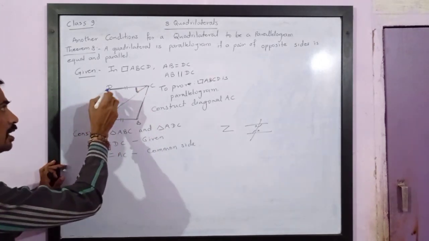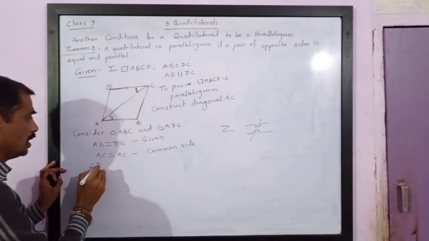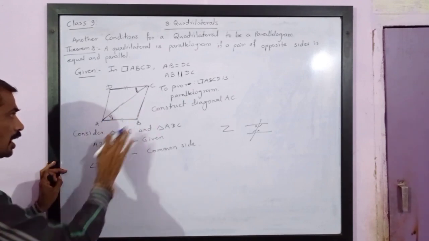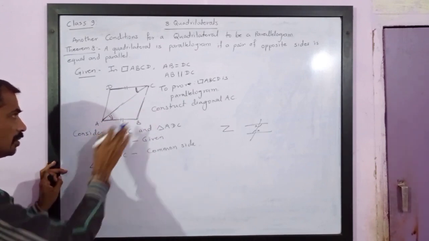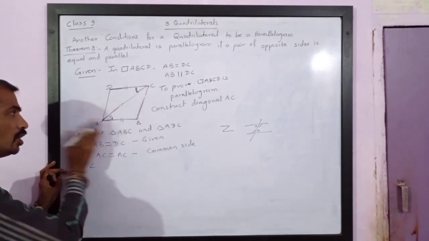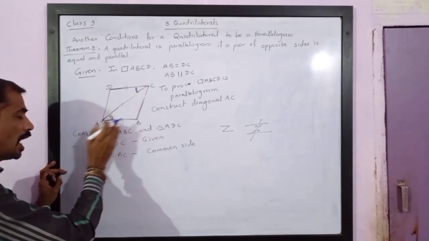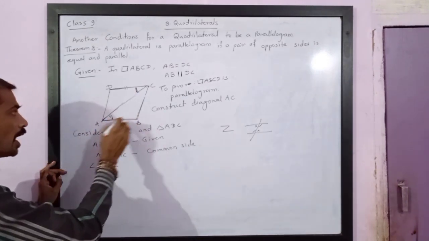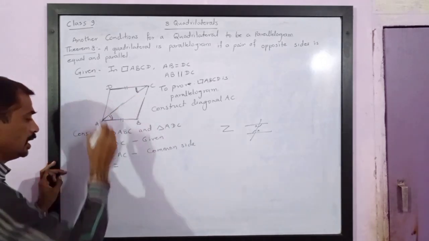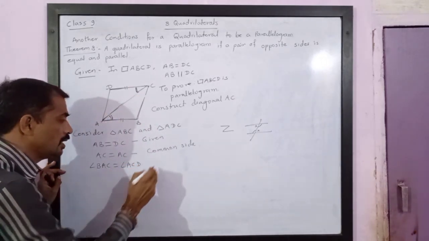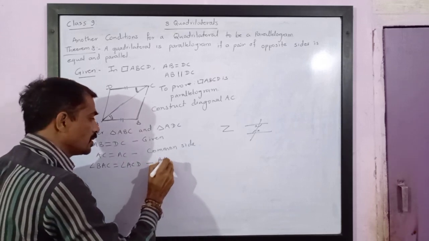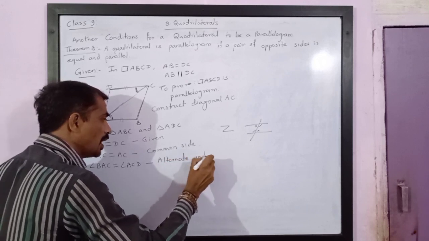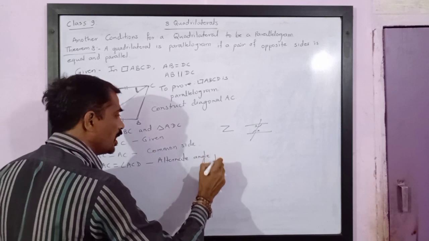It means angle BAC, an angle of triangle ABC, equals angle ACD. The reason is alternate angles: alternate angles formed by parallel lines and a transversal are congruent. That is the alternate angle property.